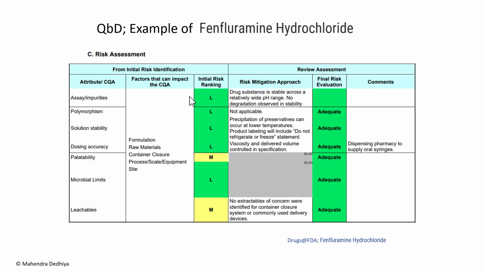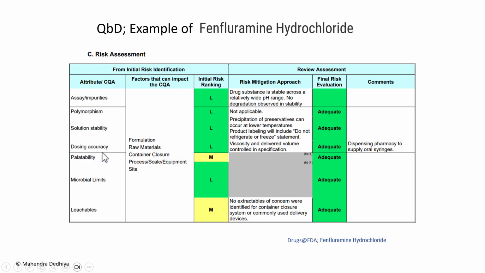An example of QbD is shown here. In each of the modules on solution, suspension, and emulsion, QbD examples are shown. In this case, to introduce the risk assessment, quality attributes are shown for a solution of fenfluramine hydrochloride. This drug was reviewed by FDA, and they identified several CQAs.